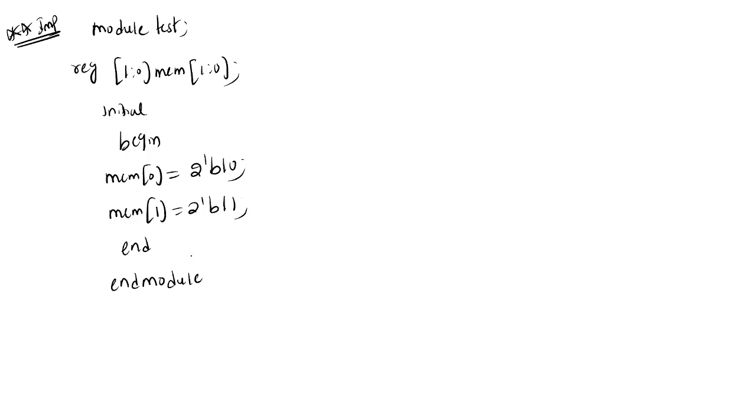So here I am creating two locations, each of 2 bits. This is the 0th location and the first location.